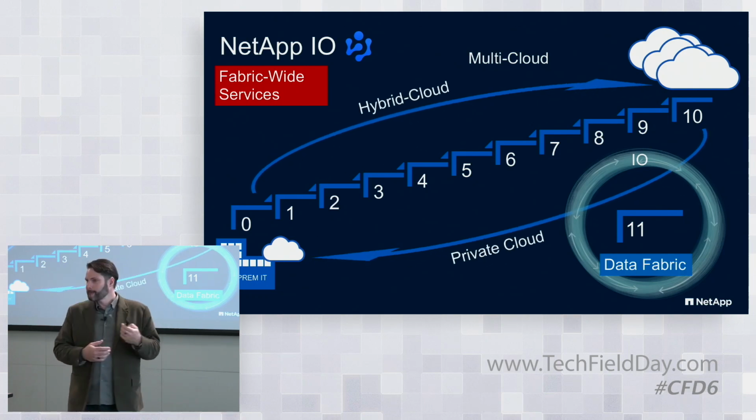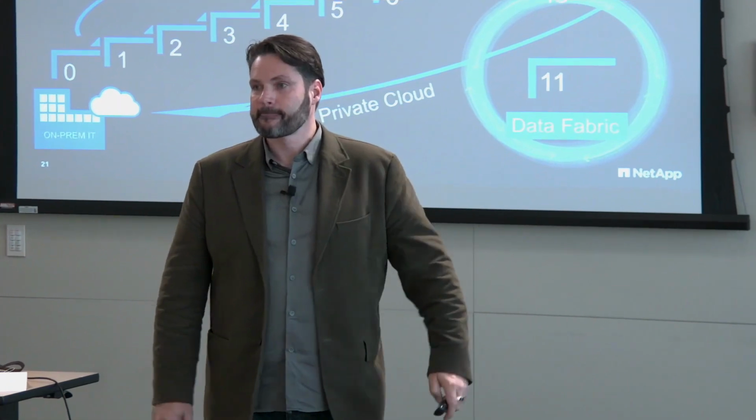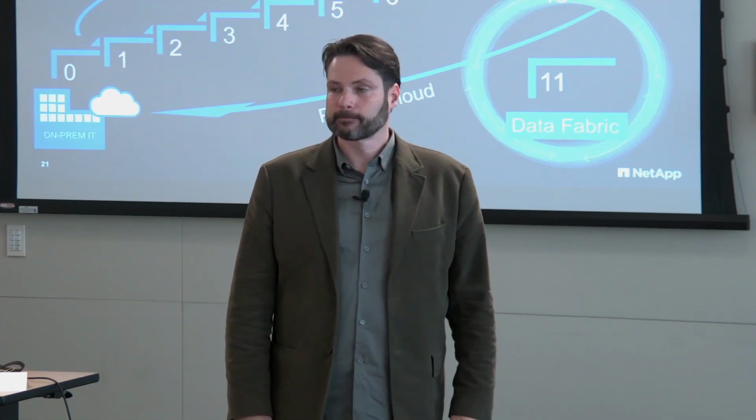So, Neil, I don't necessarily disagree that data fabric, as a concept, is a critical part of the hybrid cloud, multi-cloud path. I just argue that you should probably start with data path versus ending with it at step 11. I argue that that's kind of too late.